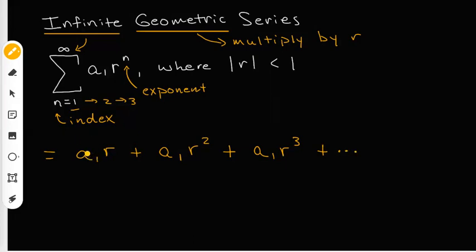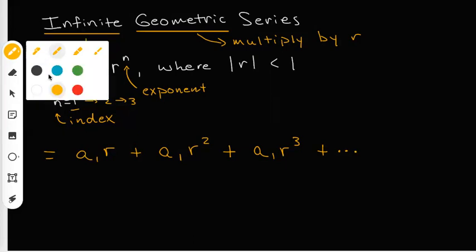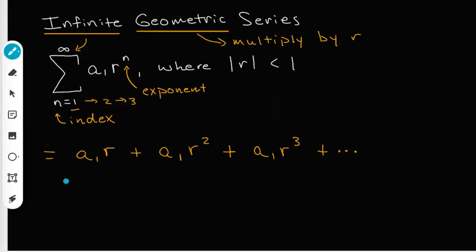Now, there is a formula for figuring out how to do these. The formula is going to be S infinity equals the fraction a1 over 1 minus r, where the absolute value of r is less than 1. Because the absolute value of r is less than 1, this series is going to converge.